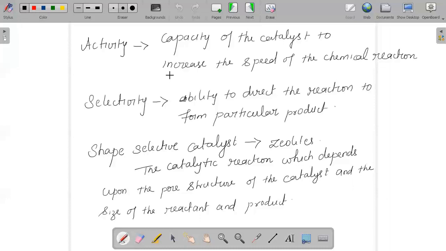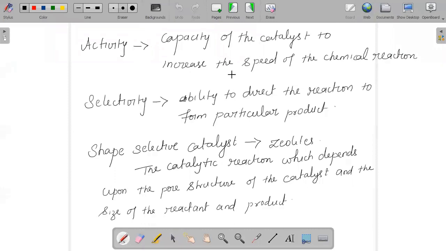So these basic features make up the process of product formation. And when we talk about a solid catalyst, what are the important features of a solid catalyst? The first one is activity. Activity is nothing but the capacity of the catalyst to increase the speed of the chemical reaction.